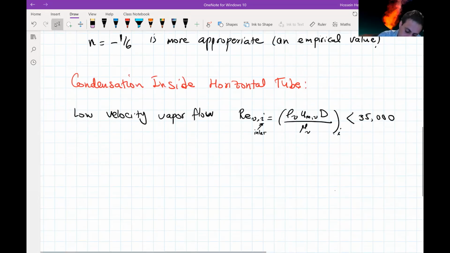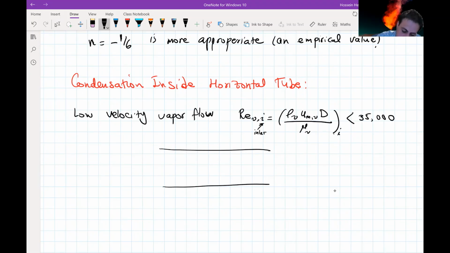Then what we would expect to see is a condensate building up here too.